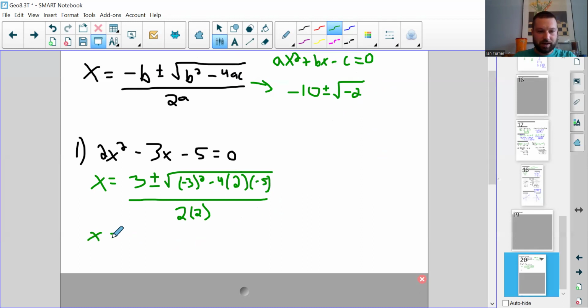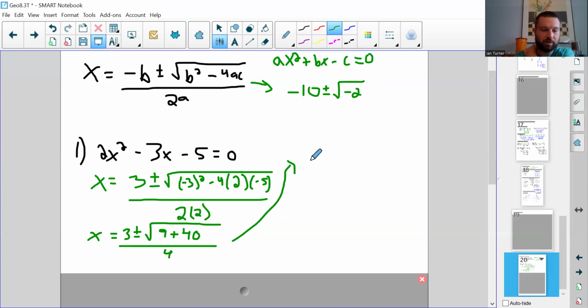So let's go ahead and let's see, what do we get? We get 3 plus or minus -3 squared is 9. -4 times -5 is +20 times 2 gives us +40. And then this is all over 4.